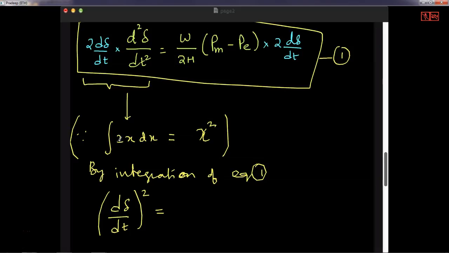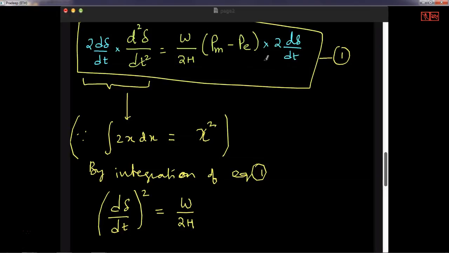On the right hand side, I have to apply integration to this. So I'll get omega by 2H. I'm writing this because these are constants: omega is constant, H is constant, whereas Pm, Pe are a function of delta.